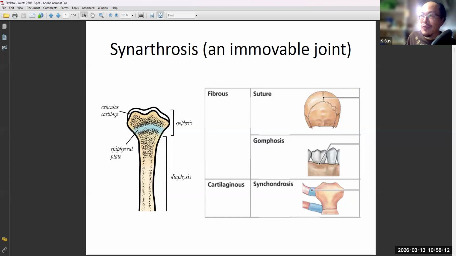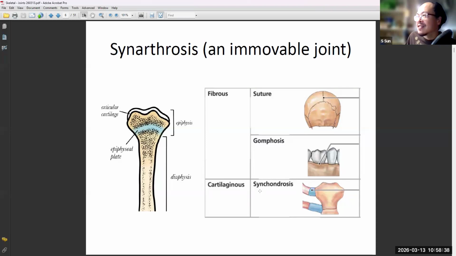Before they mature, a long bone has two pieces. Here is the epiphysis, here is the diaphysis. And this cartilage connects these two, and this long bone is not going to move. So this is very immovable.